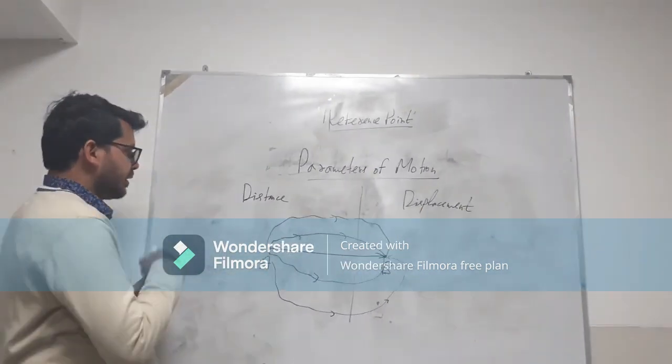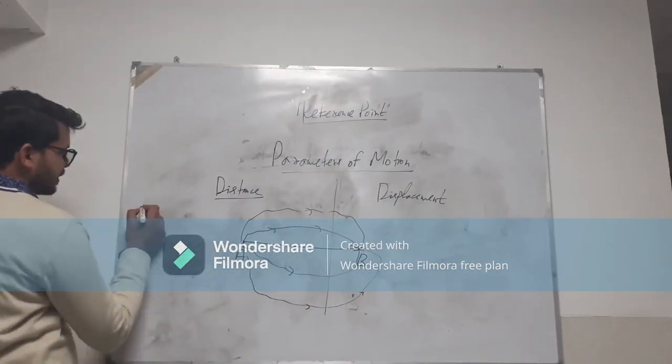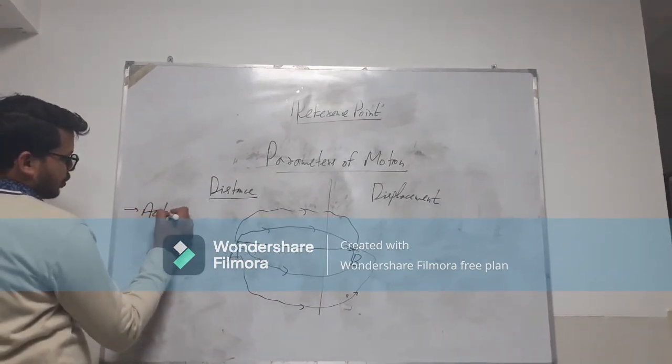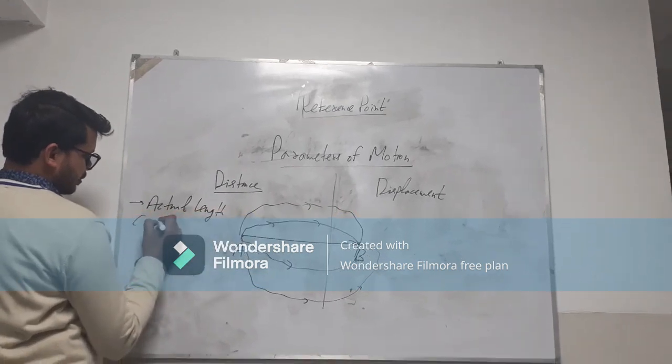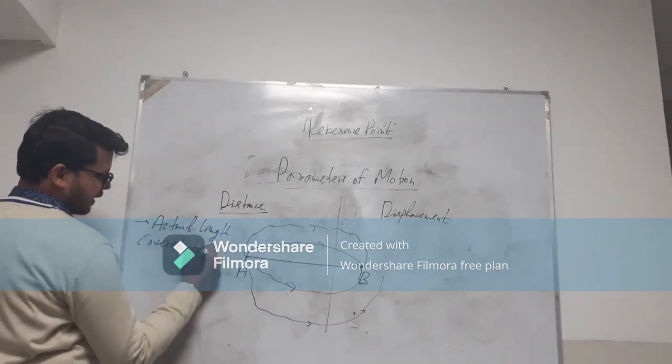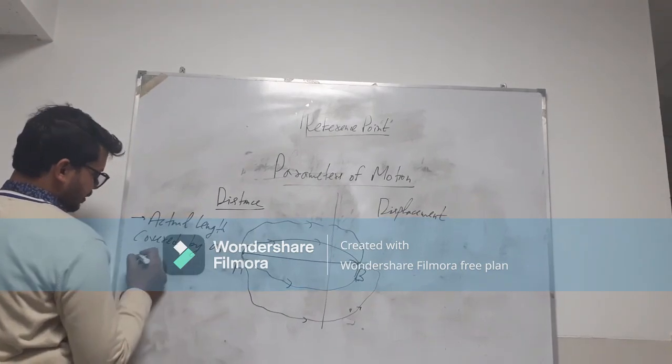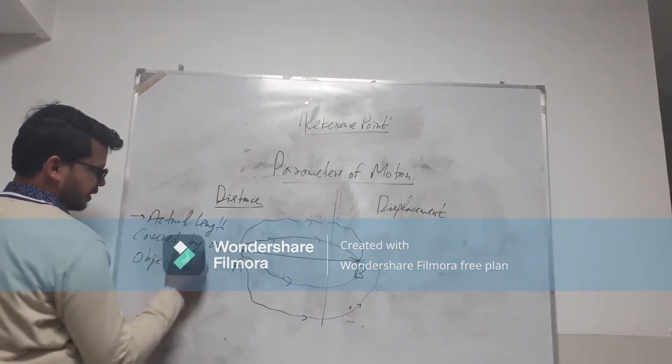So now I can say what distance is. What is distance? Actual length covered by an object, that is distance.